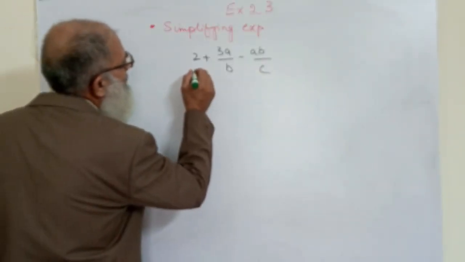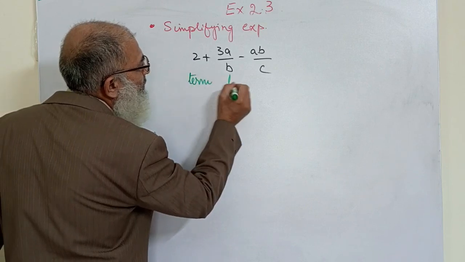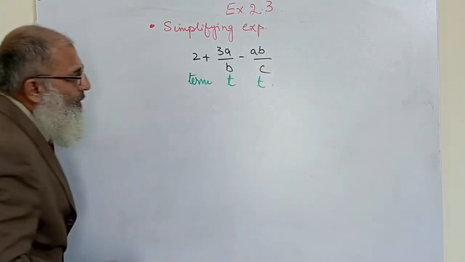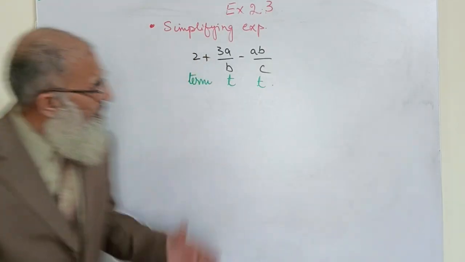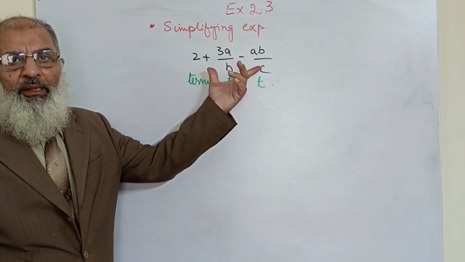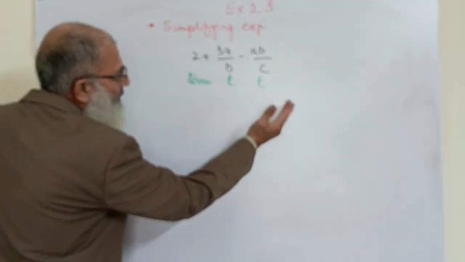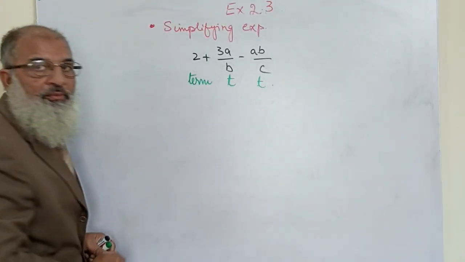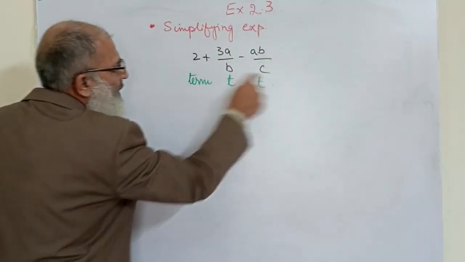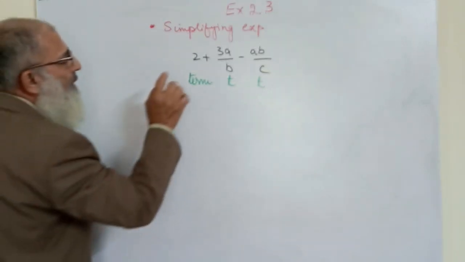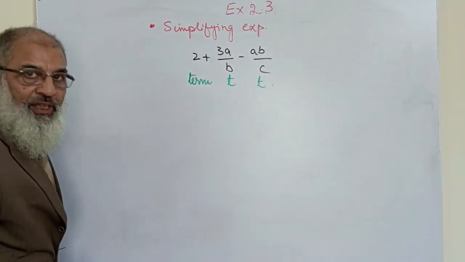Now this is a term, and this is a term. So each part is called a term, and this very example of addition and subtraction of the terms is called an expression. Now this example has three terms, one, two, three terms.